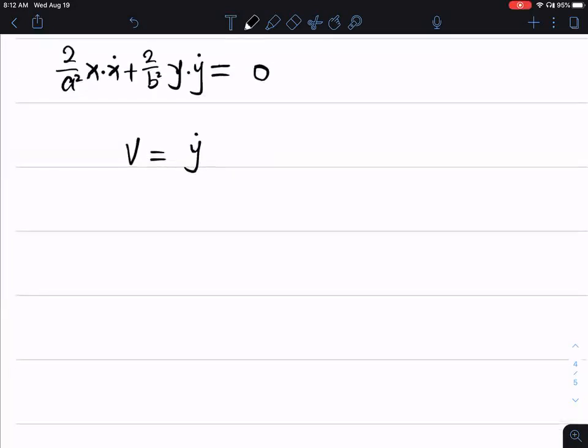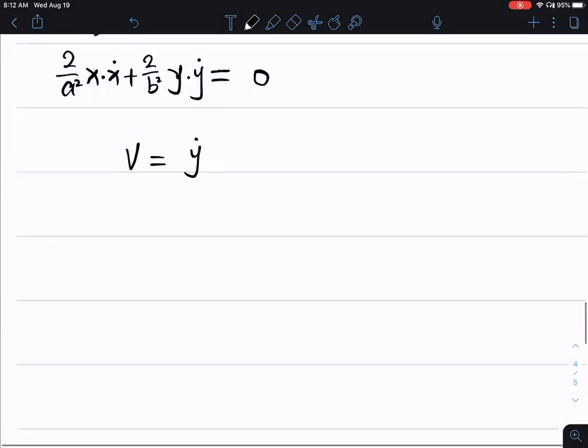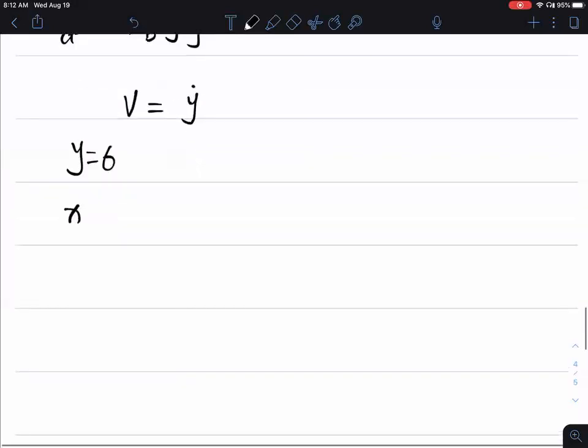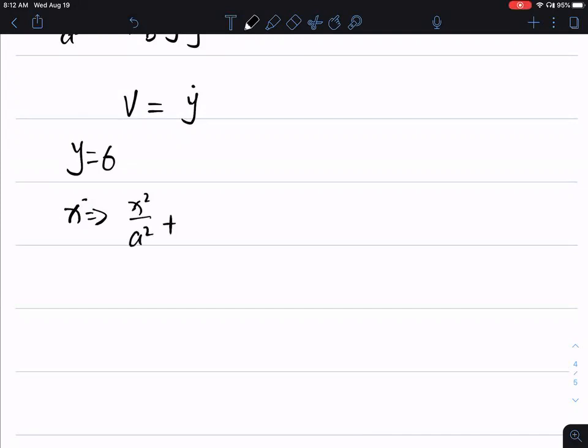Okay, so now let's proceed. Since we know y dot, we know y, let's find out the exact value for x first. Since y equals 6, we want to find x, right? You can use that equation, x squared over a squared plus y squared, now y becomes 6, so 6 squared over b squared, equals 1.